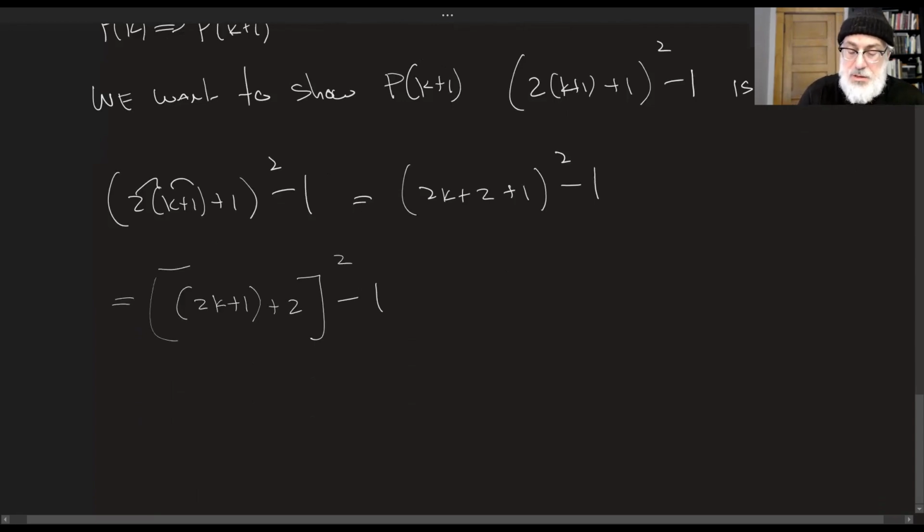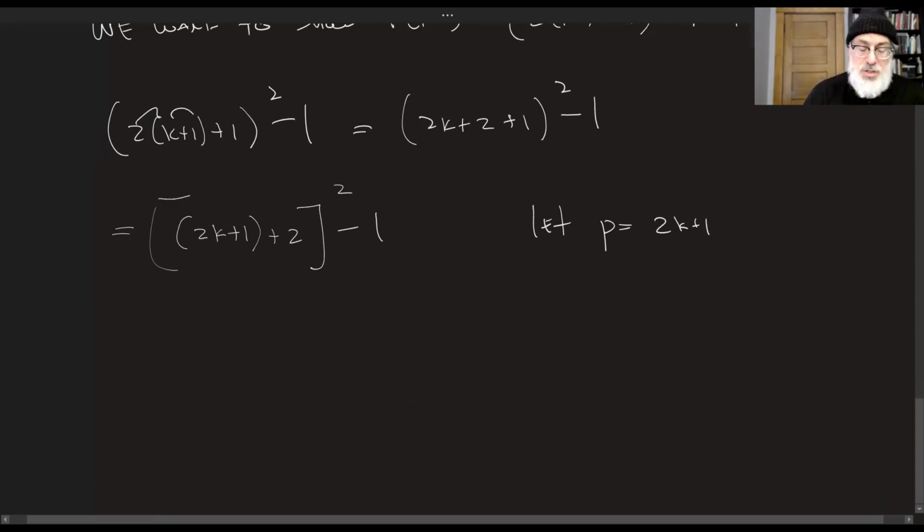Just to make this a little bit cleaner, I'm going to let p equal 2k plus 1. Now, the reason I do that is because I want to square it, and it'll look a little bit cleaner if I write it like this. So I'm replacing 2k plus 1 with p. And you don't have to do all these steps. I'm just trying to illustrate.